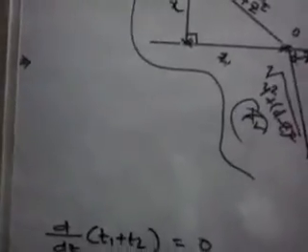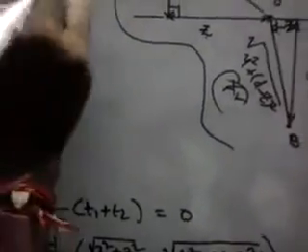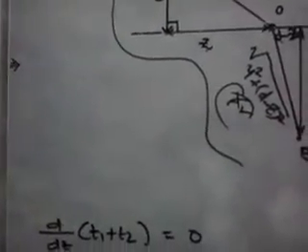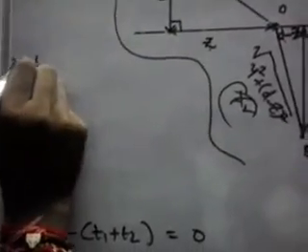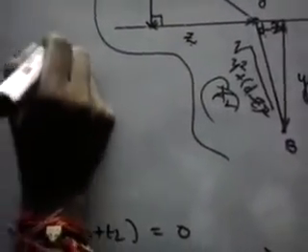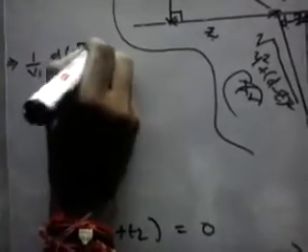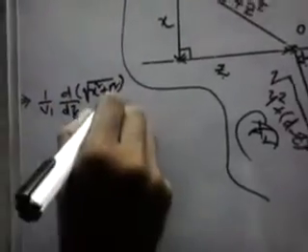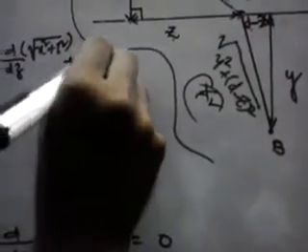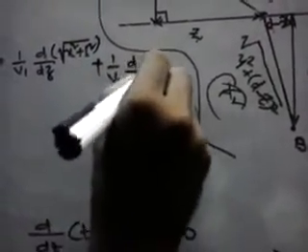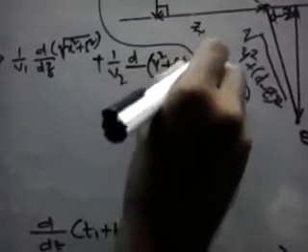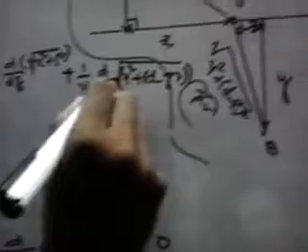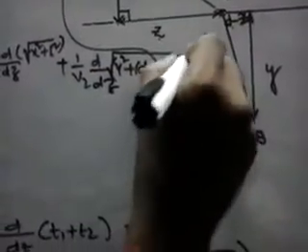Now this derivative with respect to z: v1 is considered a constant, so 1 by v1 times the derivative of root over x square plus z square with respect to z, plus, since v2 is constant, 1 by v2 times the derivative of root over y square plus d minus z whole square with respect to z, equals 0.